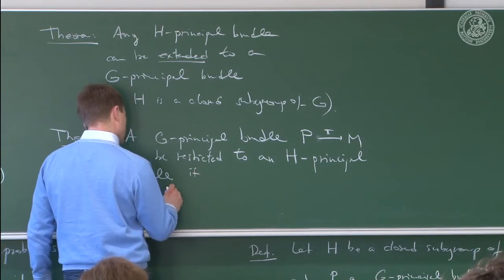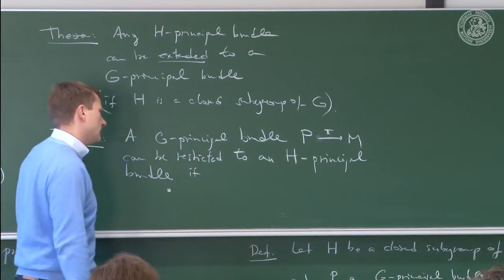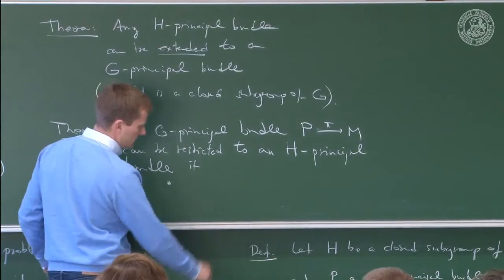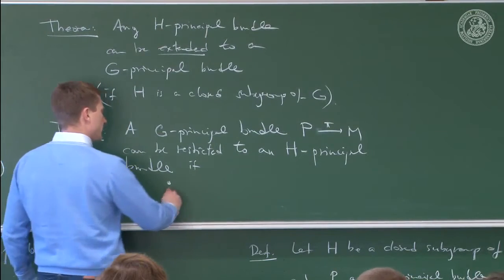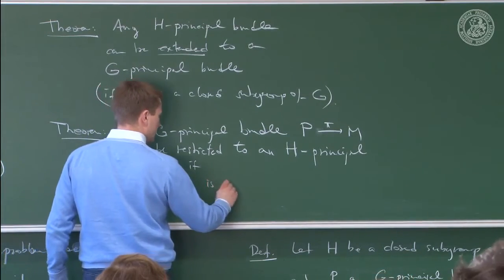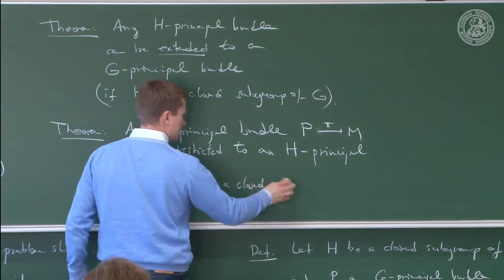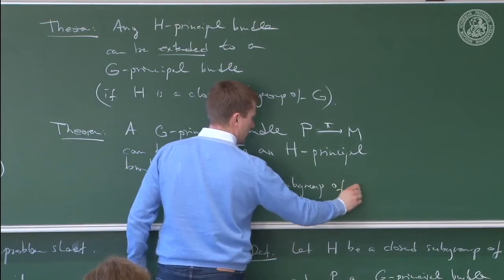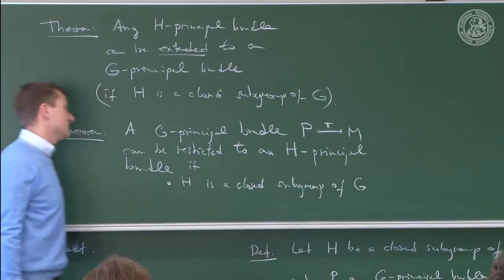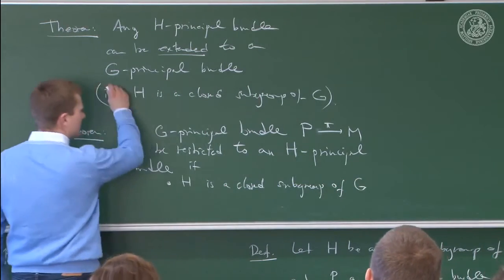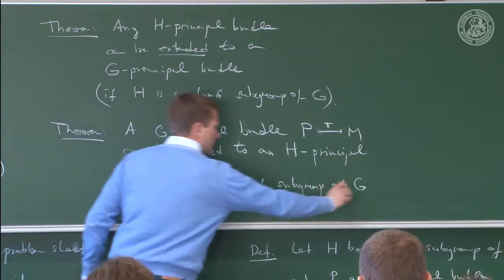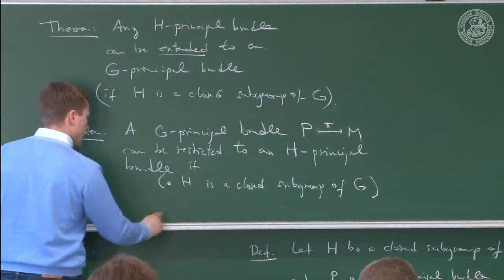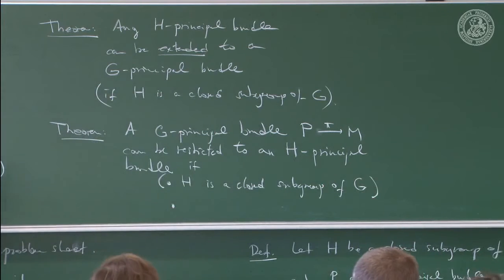if, well, the first condition is again obvious from the construction before, if H is a closed subgroup of G. Okay, fine, that's not the key thing. So you can again put this in brackets. That goes without saying, but it's meaningful to emphasize it.